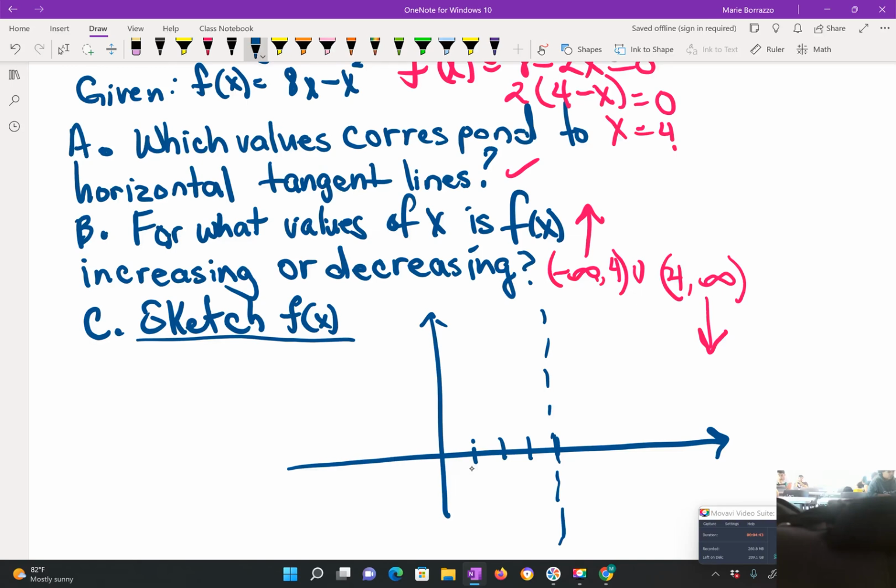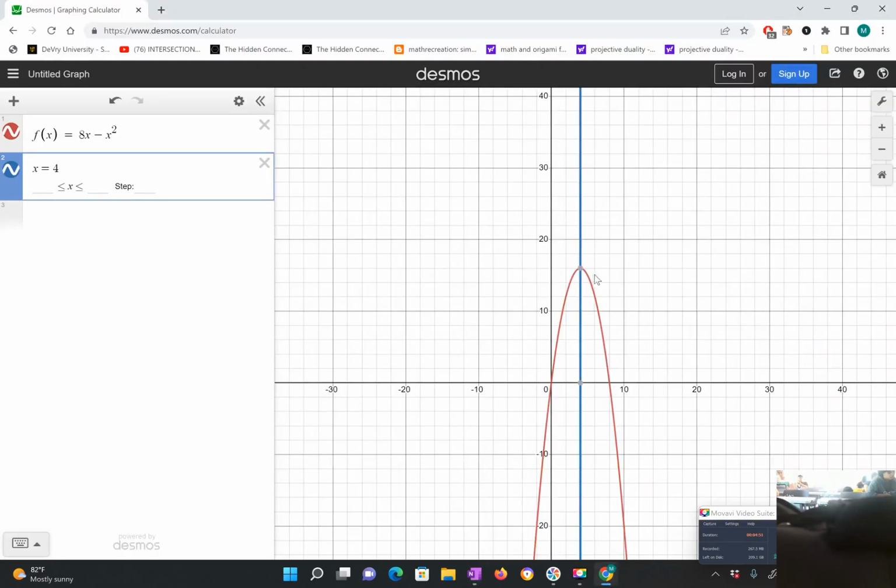When you look at the graph, get back to Desmos. We're at this point here, which is the point 4, 16. That'll help us graph that point. And then here it looks like it goes through 0, 0, obviously, and the other point here, 8, 0. So those key points can help us graph if we're doing it by hand.